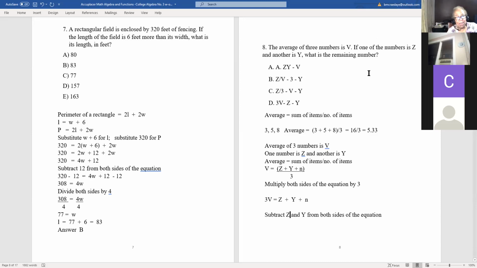Just say the average of three numbers is 9. If one of the numbers is 2 and another is 1, what is the remaining number? How would you solve that?